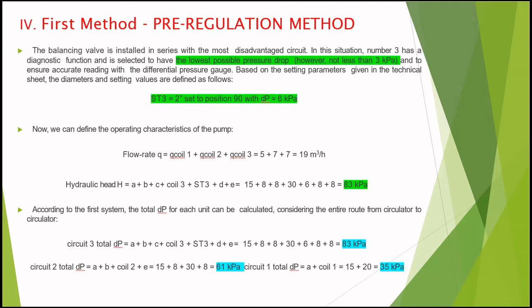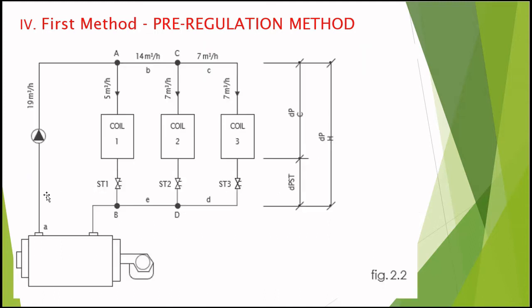While the hydraulic head is, as we can see here in the diagram or in the circuit, pipe A plus B plus C plus coil number 3 plus static number 3.